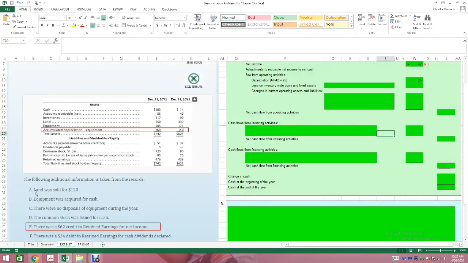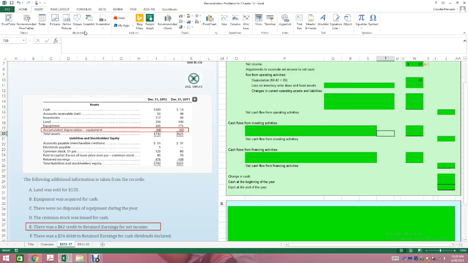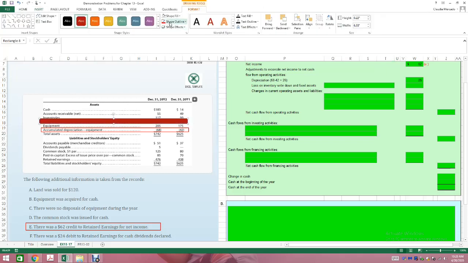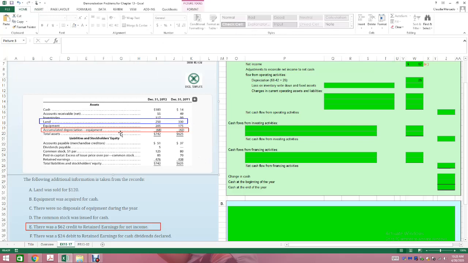So, we are looking at land. We know that we sold land for $120. So let's look at our land account up here. Land.